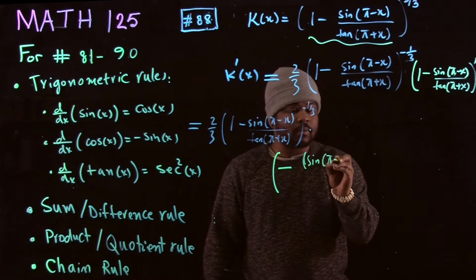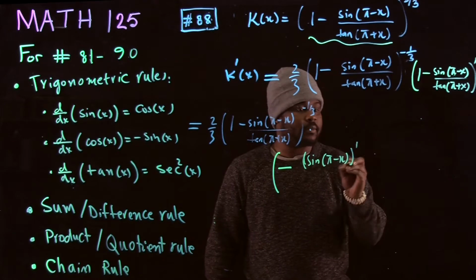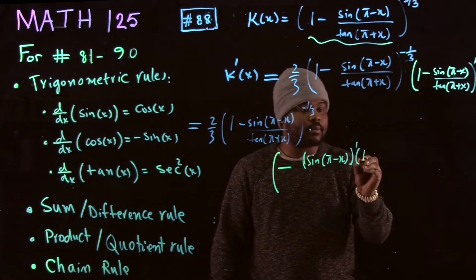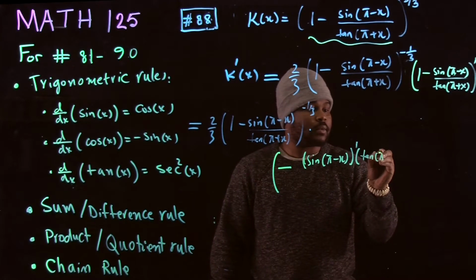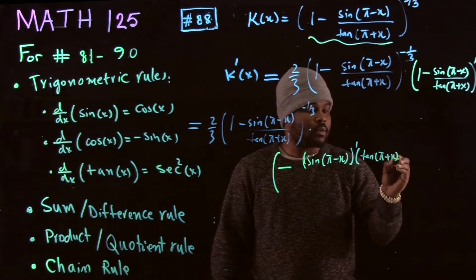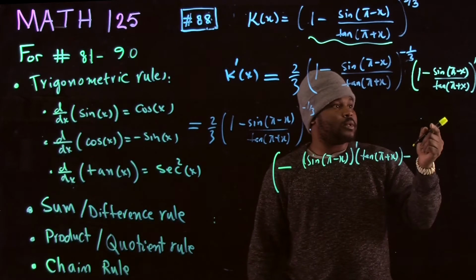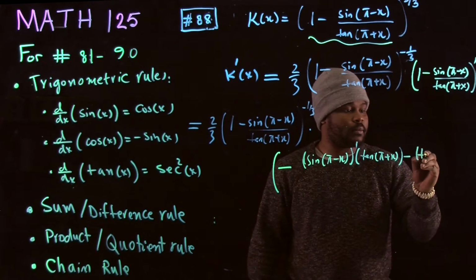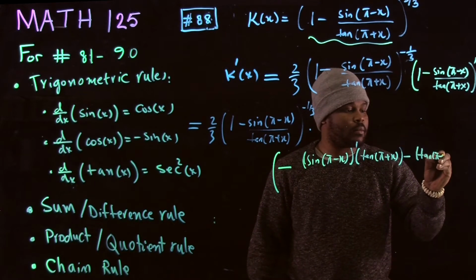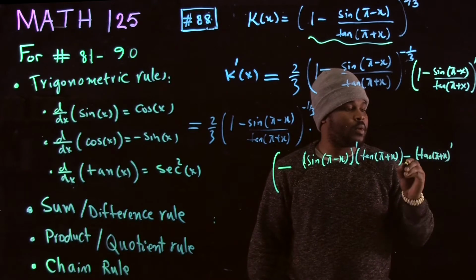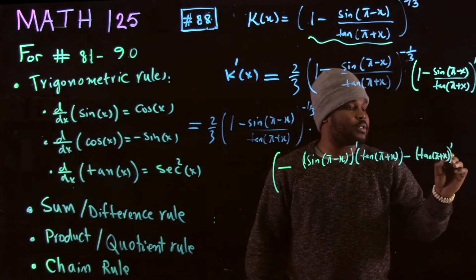Now, derivative of the top, sine pi minus x prime times the bottom minus derivative of the bottom times the top.